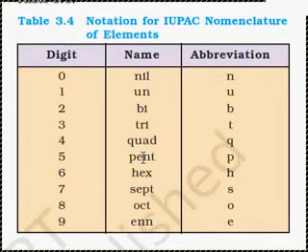Then penta means 5 you know, so PENT for 5. Hexa means 6, so HEX for 6. SEPT for 7. OCT for 8. And for 9 we have ENN. And similarly you can remember the first letters as a symbol, that is N, U, B, T, Q, P, H, S, O and E.